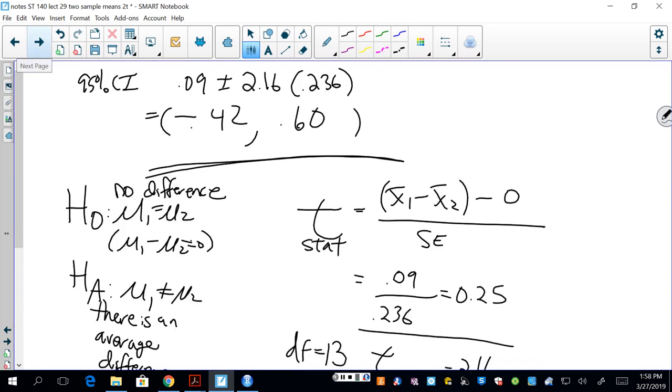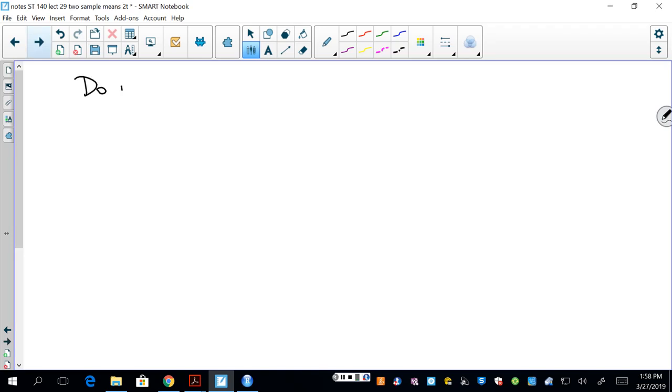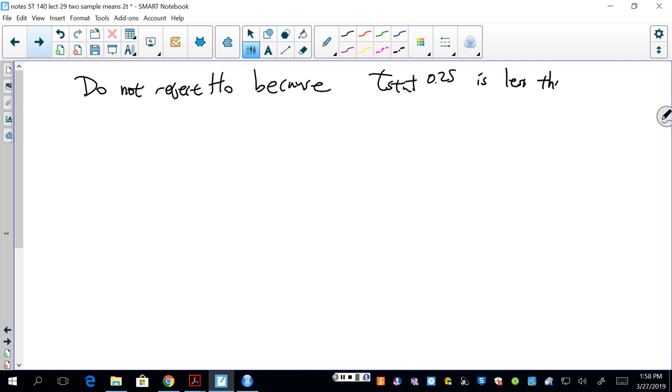So in this case, you could say do not reject H0 because our t statistic, which is about 0.25, is less than the t distribution cutoff at 2.160.